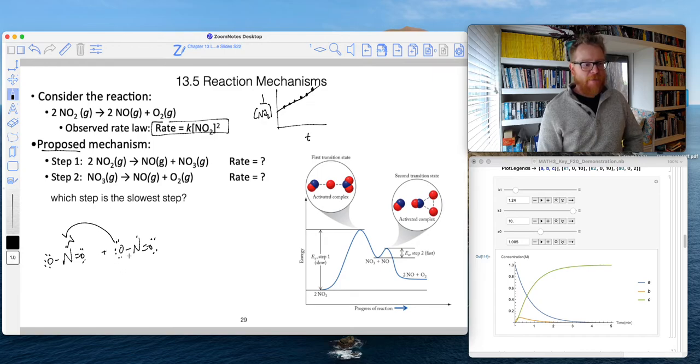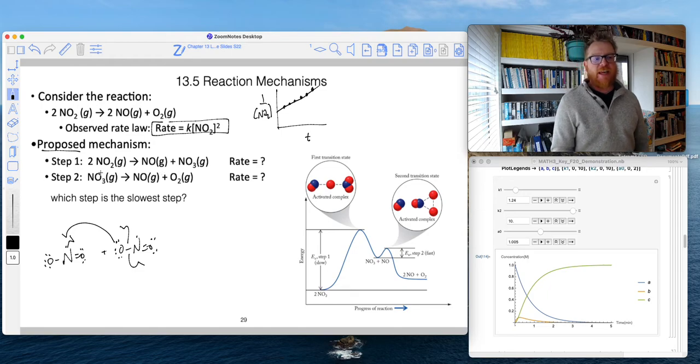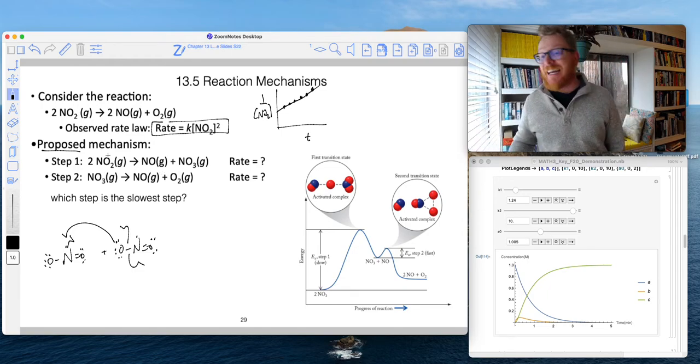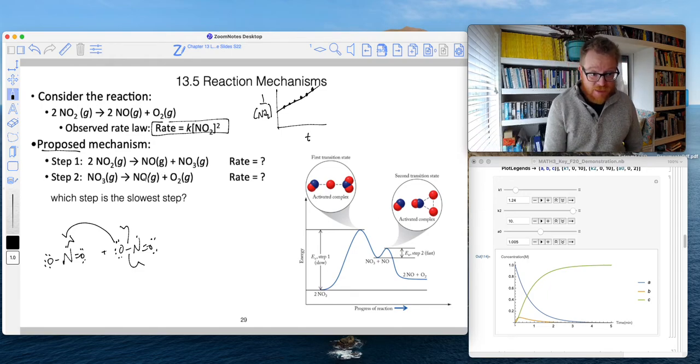And so now that means that one electron's got to go that way and the other electron's got to go that way. So that would end up with now an NO3, right? 1, 2, 3, and an NO. Now they're saying this NO3 can further decompose into NO and O2. What would be the rate determining step?